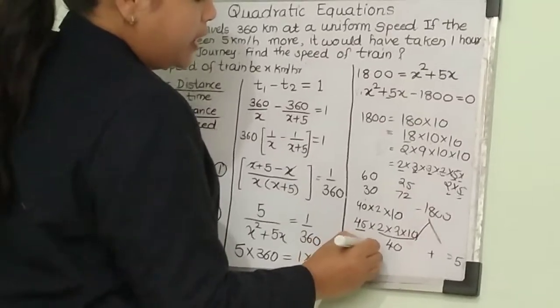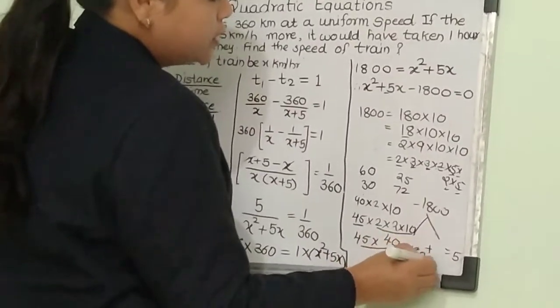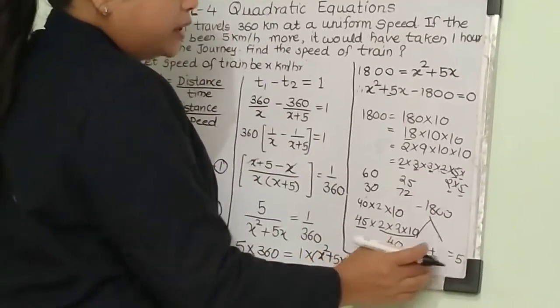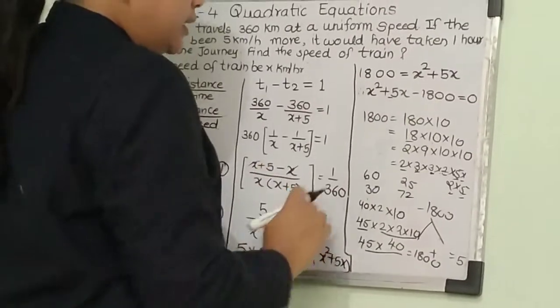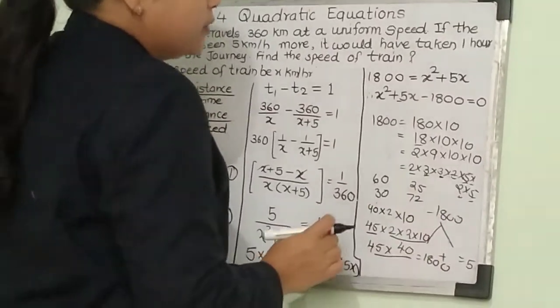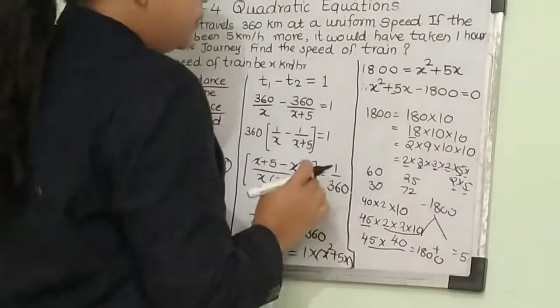Now 45 into 40 we get 1800 and the difference between them is 5. So here I get these two numbers whose product will be 1800 and the difference will be 5.